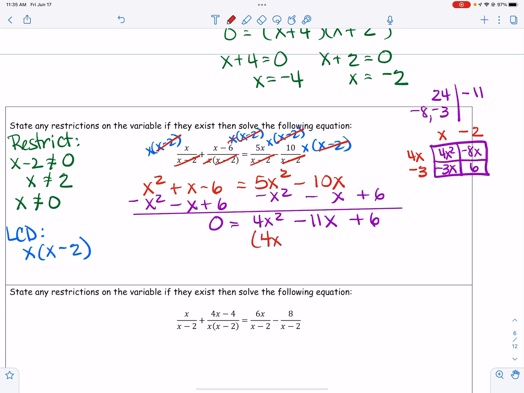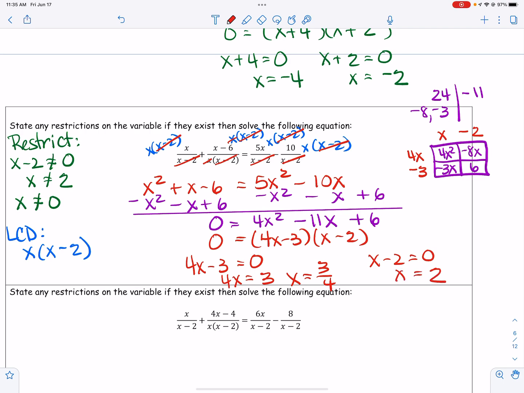So 4x minus 3 times x minus 2 is equal to 0. 4x minus 3 equals 0. 4x equals 3, so x is 3/4. And then x minus 2 equals 0, so x is 2.